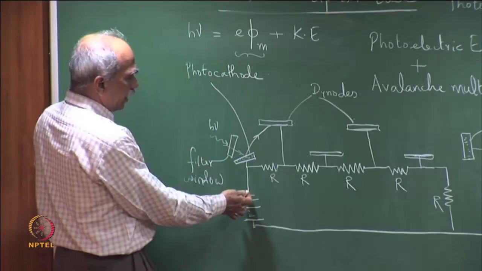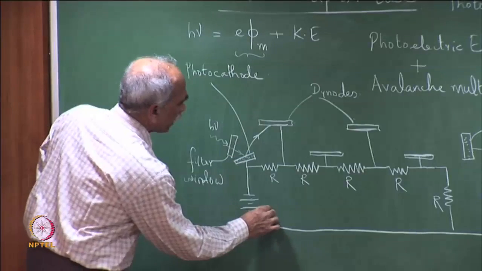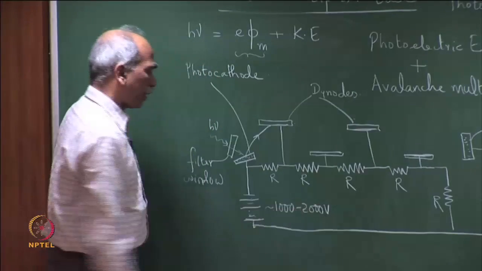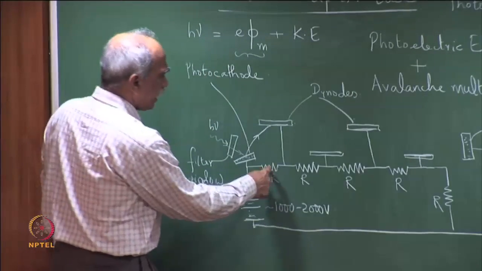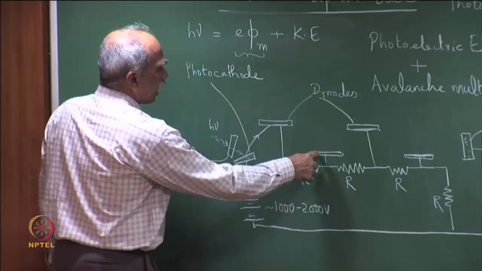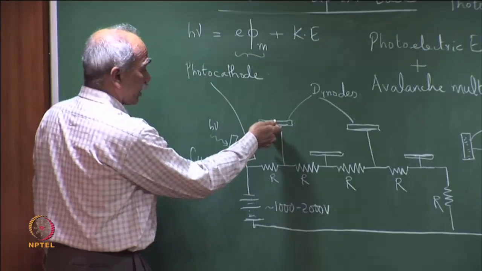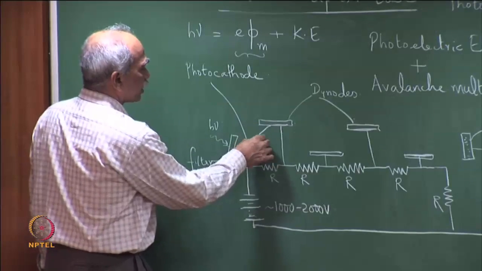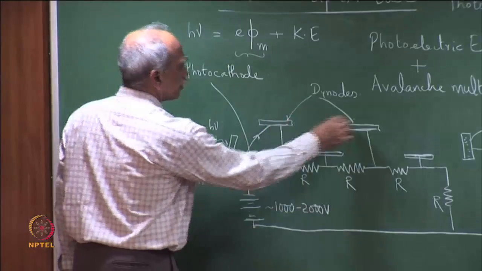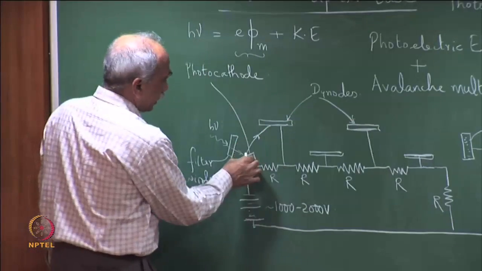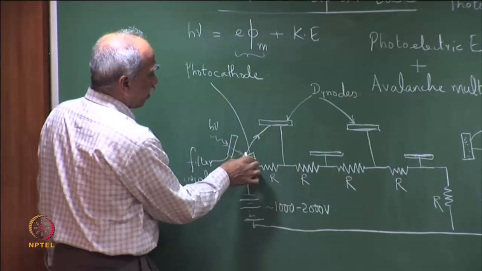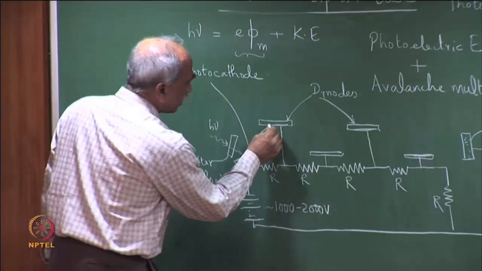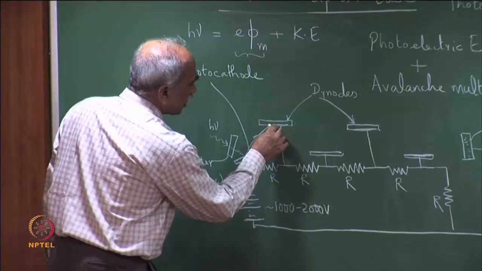Now, as we see here, the photocathode is at a high negative potential, typically 1000 to 2000 volts from a power supply, and the subsequent dynodes are at a more positive potential with respect to it, and therefore the electron immediately gets attracted towards the dynode. The electron gains a large kinetic energy because of the accelerating potential between them, and this leads to release of additional electrons.